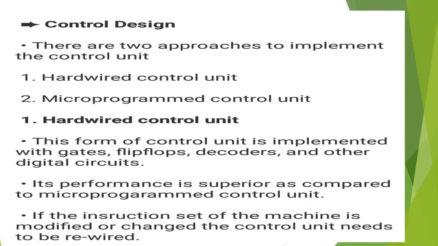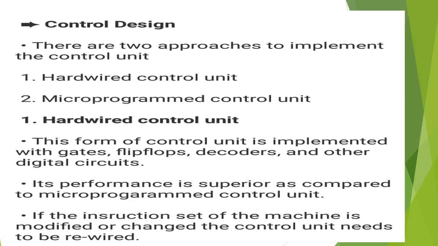Now let's move towards the next topic, control design. There are two approaches to implement the control unit. First one is the hardwired control unit and second one is the microprogram control unit. Let's focus on the first point, the hardwired control unit. This form of control unit is implemented with gates, flip-flops, decoders and other digital circuits.